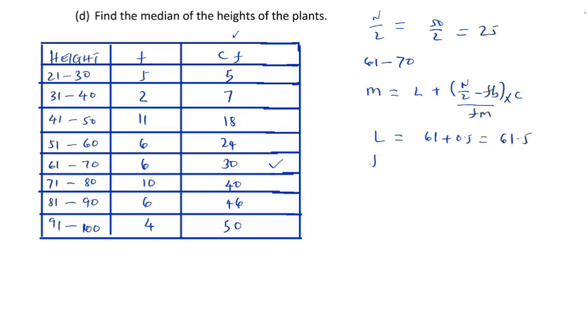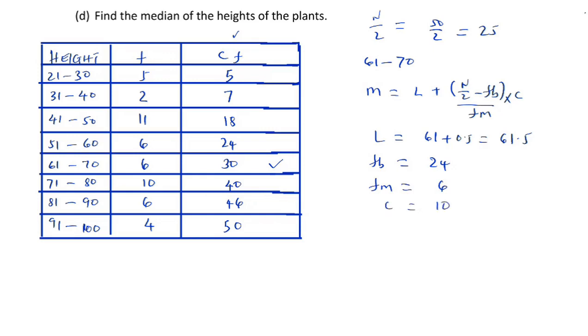FB is the sum of frequencies below the middle class, which is 24. FM is the frequency of the middle class, which is 6. C is the class size, which is 10.